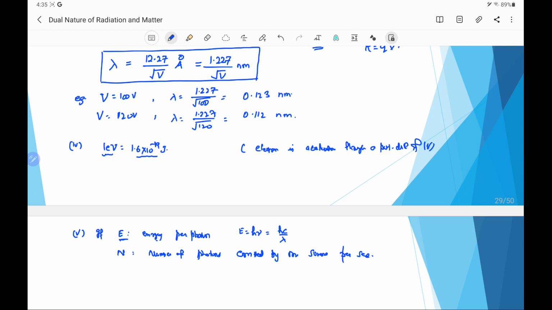E is energy per photon and n is the number of photons emitted per second. Then we can say nE, that means this is the total energy emitted per second. This implies that it is the power transmitted in the beam of radiation.